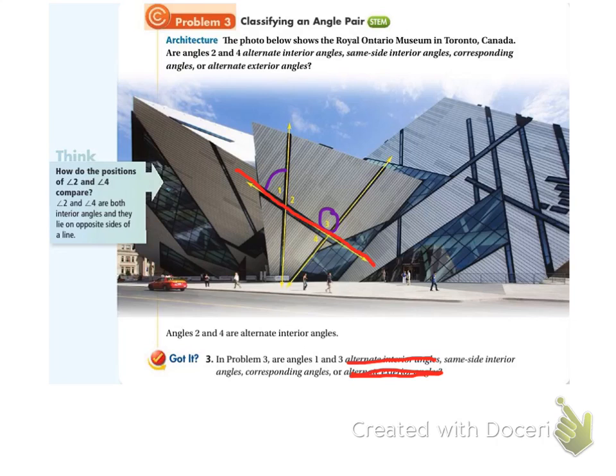If it's same side interior angles, then it's on the inside of both of my lines. Oops, let me draw that a little better. 3 is on the inside, but 1 is on the outside, so that's not it. So it must be corresponding angles. They're on the same side of the transversal, and 3 is to the left and 1 is to the left. So they are corresponding angles.